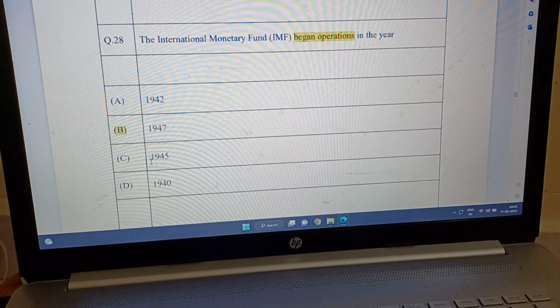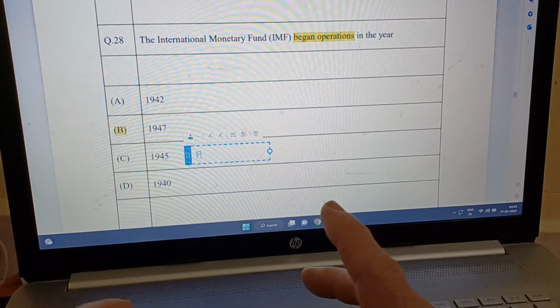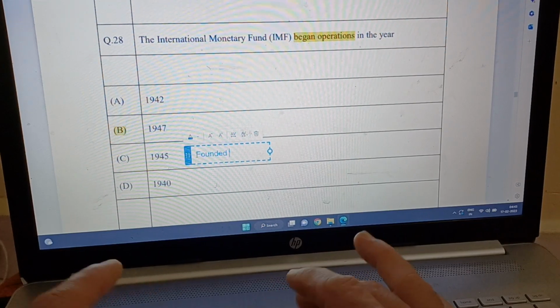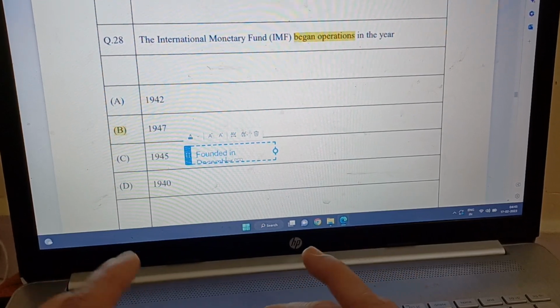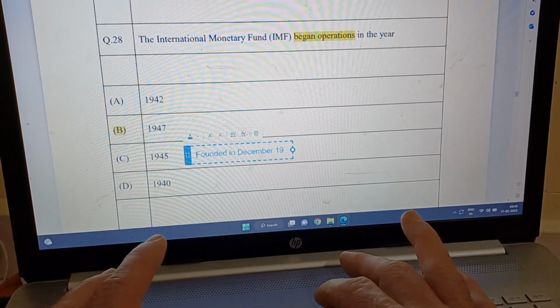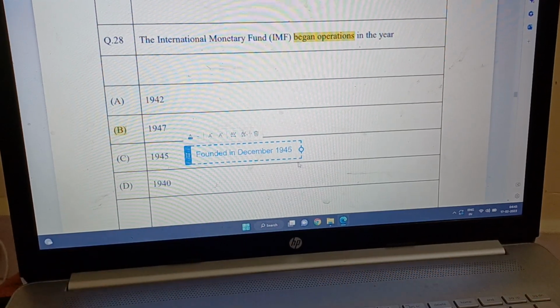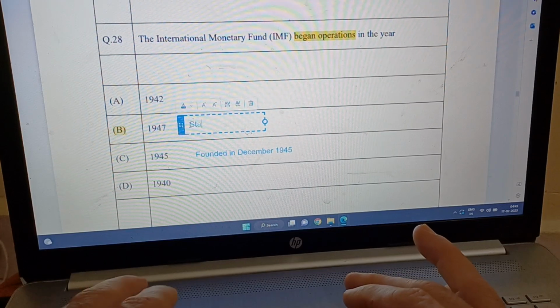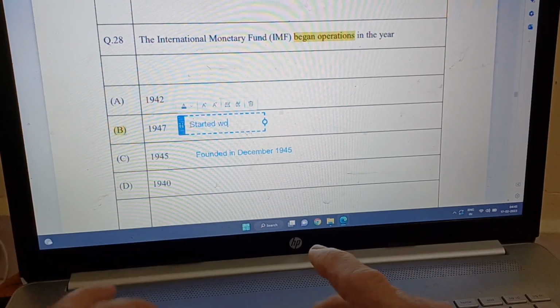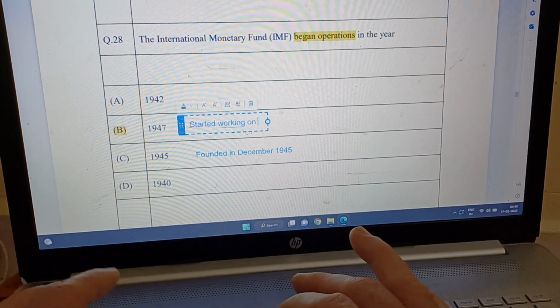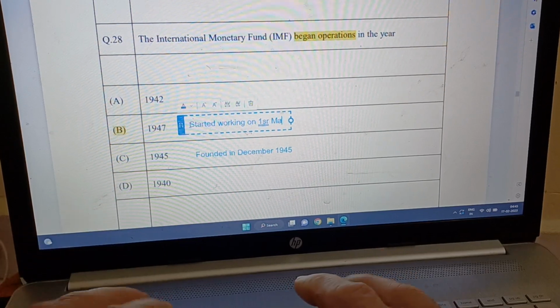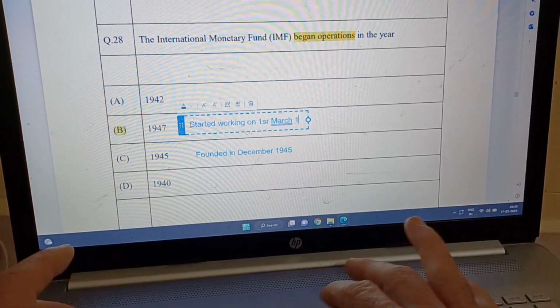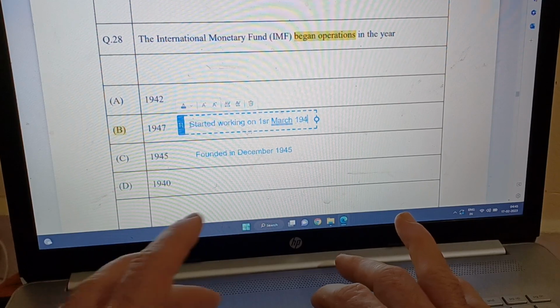So though it was founded in December 1945, it actually started working on 1st March 1947.